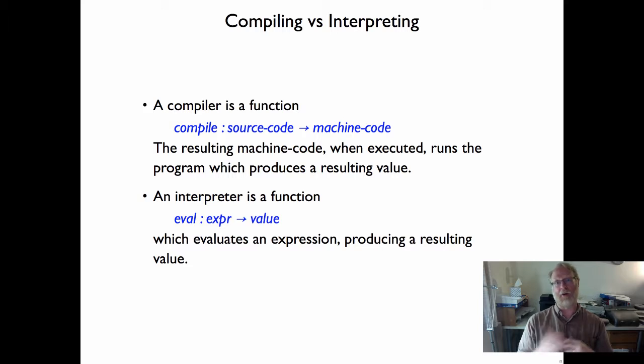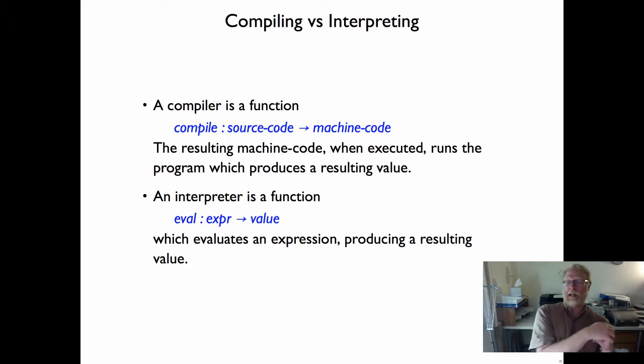People actually often go the other way. They'll take some other language that they define themselves, and they'll compile it into equivalent JavaScript. Why is JavaScript a popular target of compilers? JavaScript runs almost everywhere because it runs in every browser, and everybody has a browser in their pocket, on their watch, everywhere these days. So you can compile to machine code, but you can also equally well compile to another language.